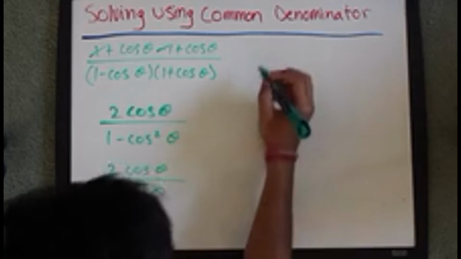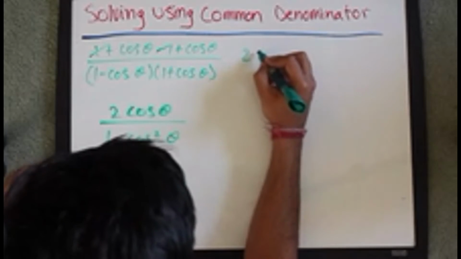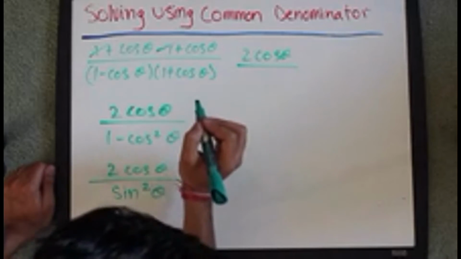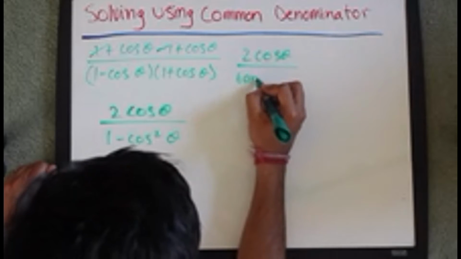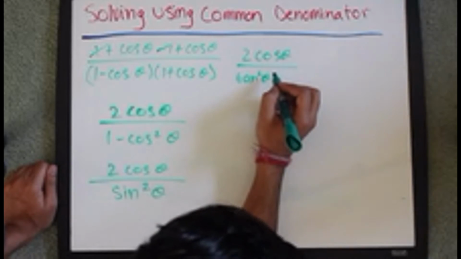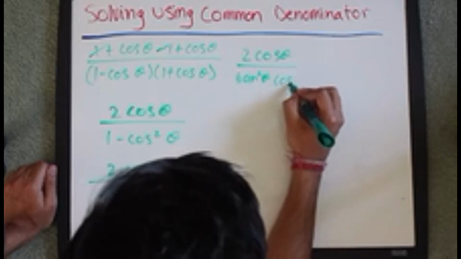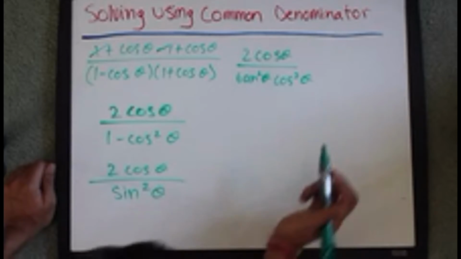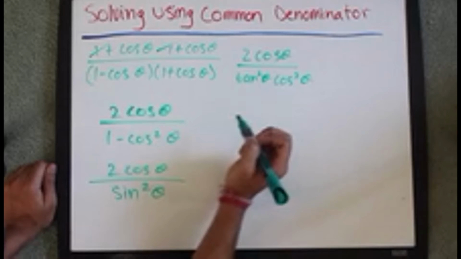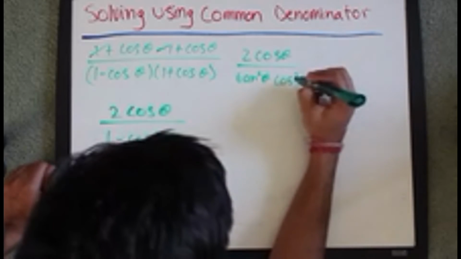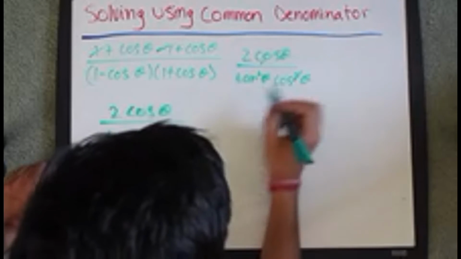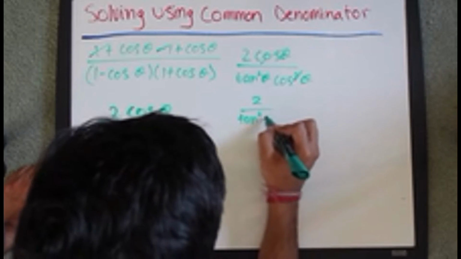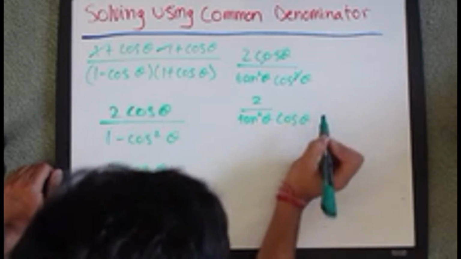So at the top here you can continue on and write 2 cos theta over tan squared theta times cos squared theta. Now we can cross out 1 cos here and 1 cos here, so we'll have 2 over tan squared theta times cos theta.